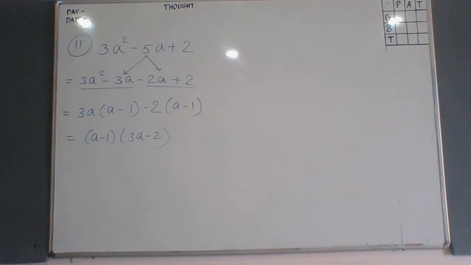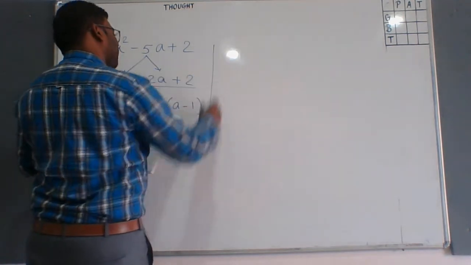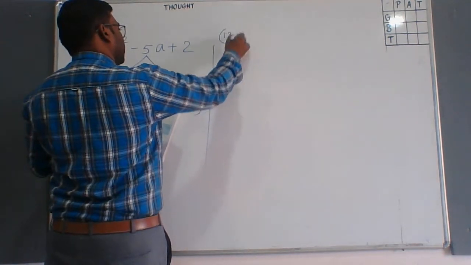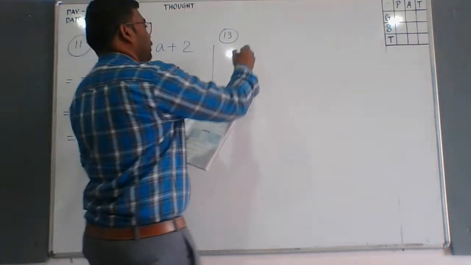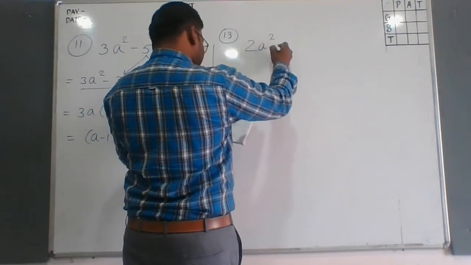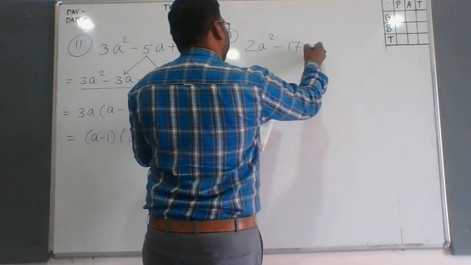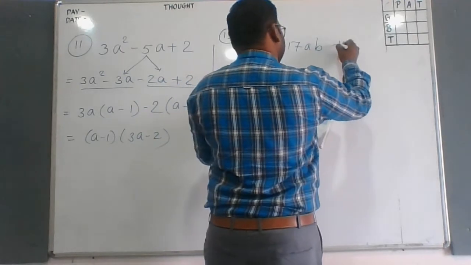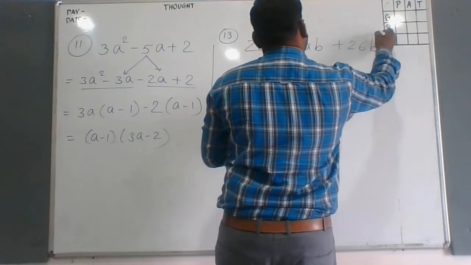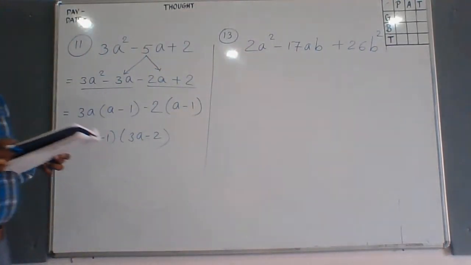Now we are solving question number 13. 13th question we are solving now. 2a square minus 17ab plus 26b square. Okay.